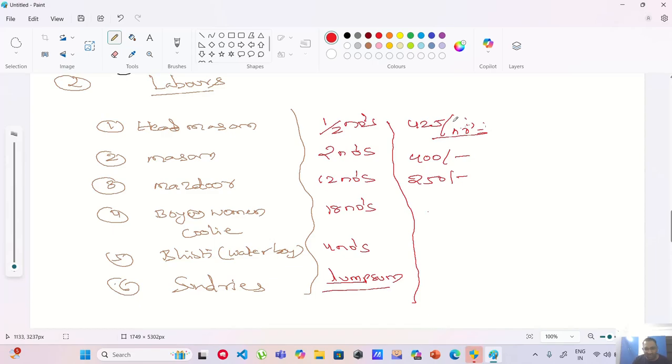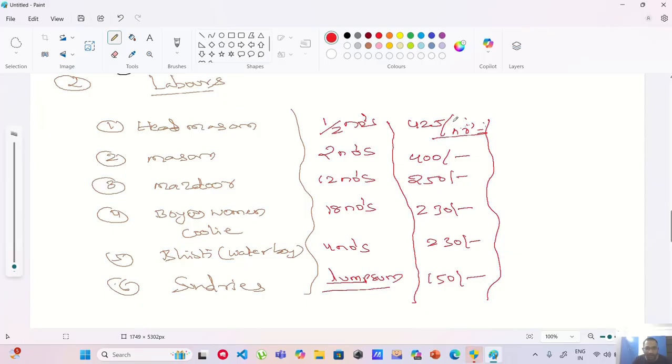When it comes to this SSR, it's clearly mentioned. And boy or woman coolie, it is 230 rupees. And Bisti also 230 rupees. Now we can go for lump sum. Your choice. More than 100 rupees you can take. I am taking 150 rupees.